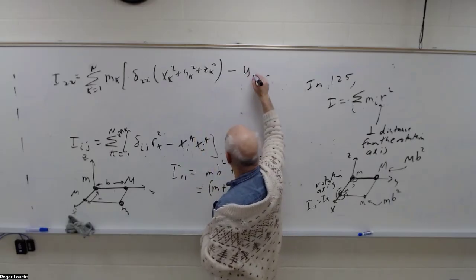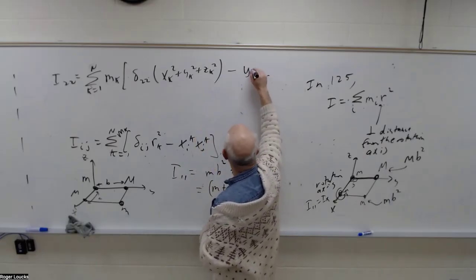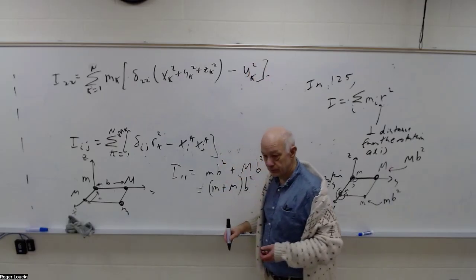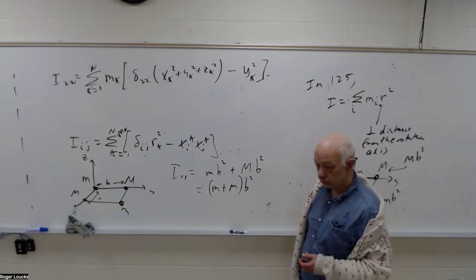This is going to be yk squared here like that. What does that equal?